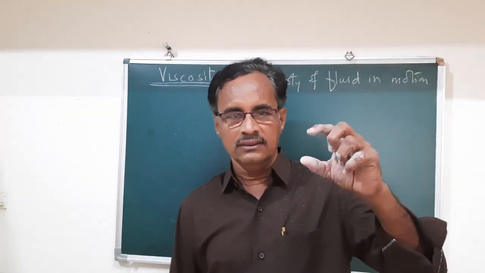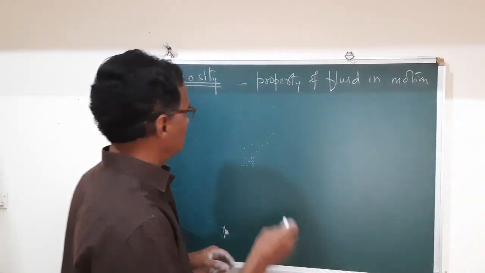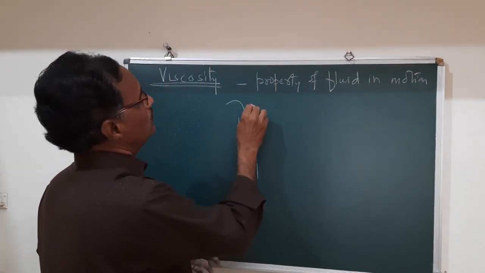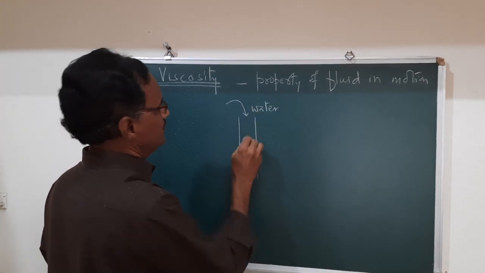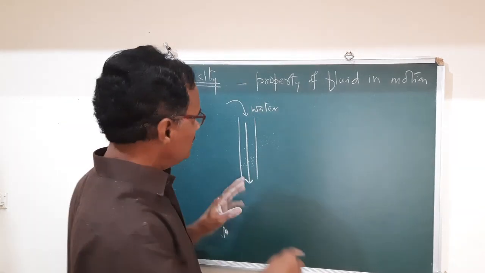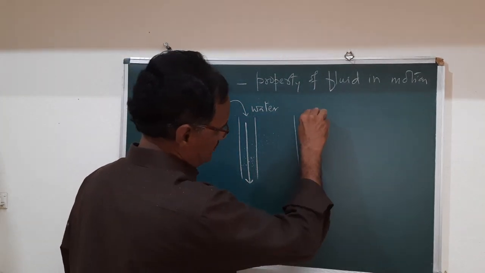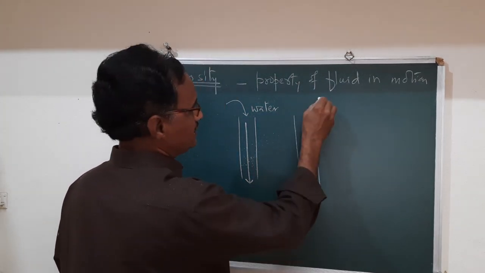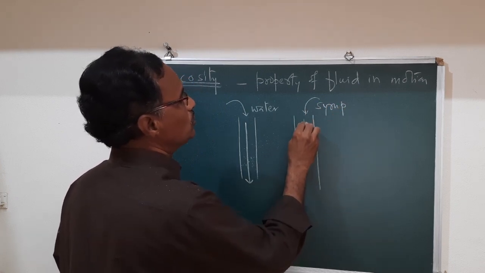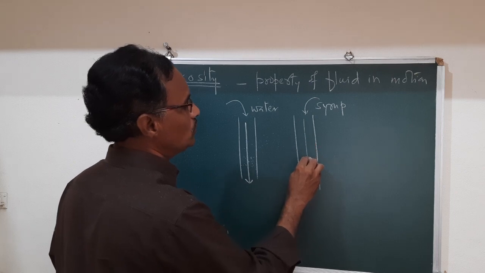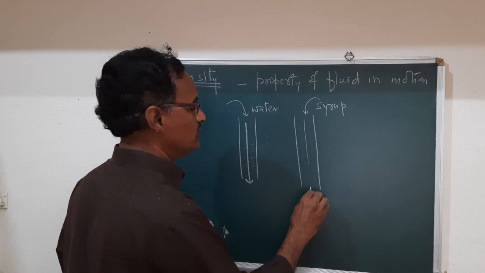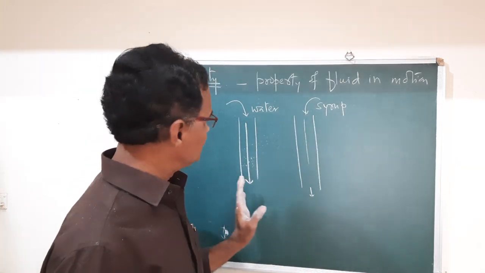If we pour water in a tube, it moves fast inside the tube. But if we pour syrup or oil in the same tube, it flows slowly. Its velocity is very small, less than that of water.